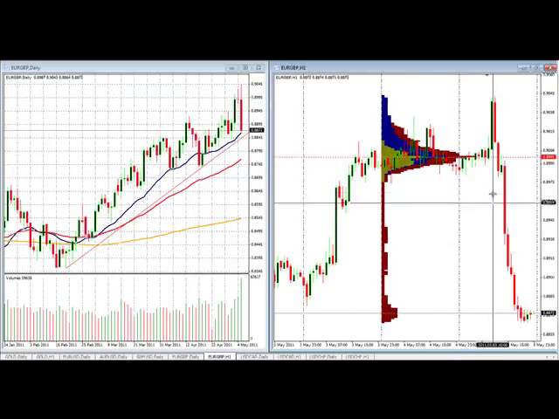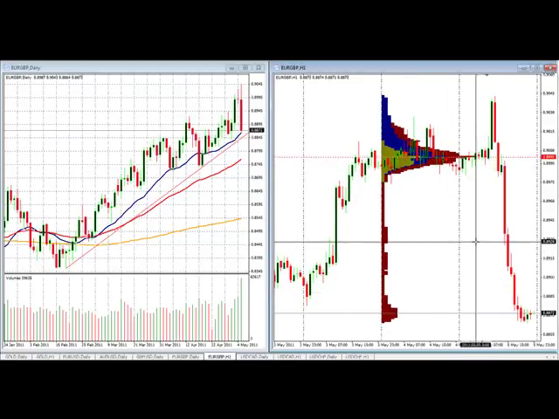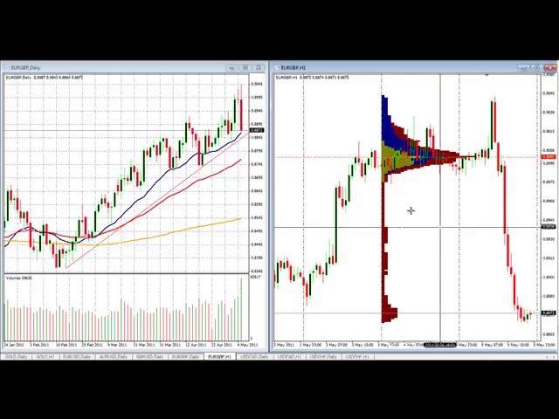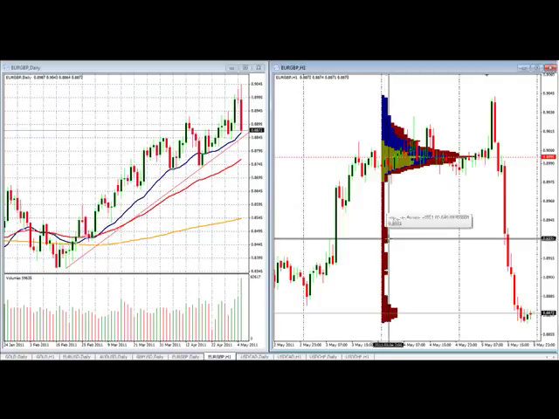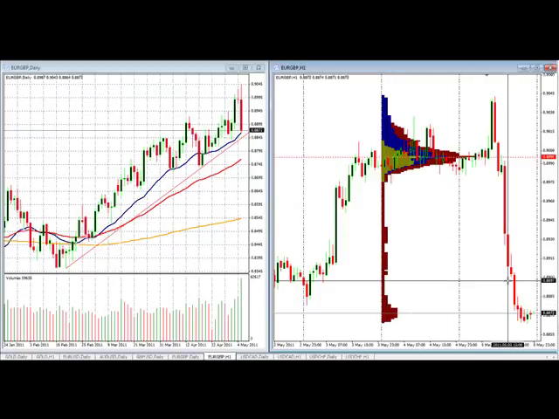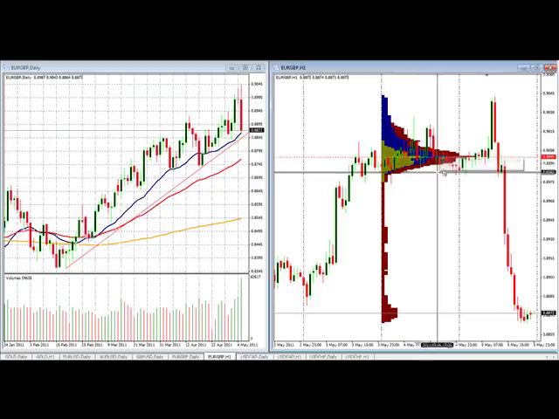So what we'll probably see is that for the most part we just fell really quickly. Our market profile shows that we don't have a lot of volume. So if we're going to bounce, again that is an if, we should easily come right back up until we hit the high volume area.